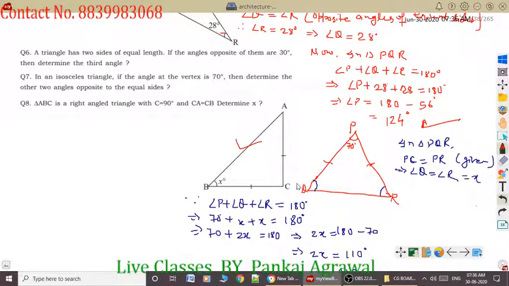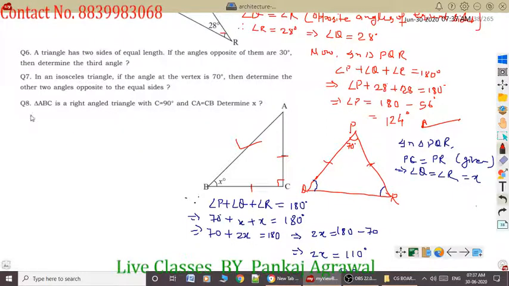You can see here angle C is given 90 degrees. This is the symbol of 90 degrees. CA equal to CB, this side, two sides are equal. You have to find the value of X.